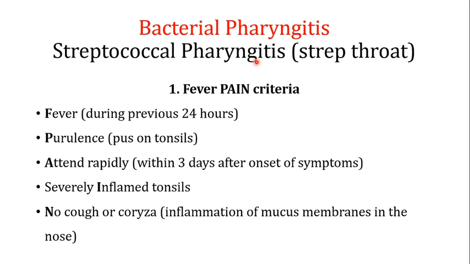Now, the first thing you have to do is differentiate between bacterial and viral pharyngitis. You can differentiate between them using a particular criteria known as the FeverPAIN criteria, or the other criteria known as the Centor criteria, that can help you distinguish between viral and bacterial pharyngitis.